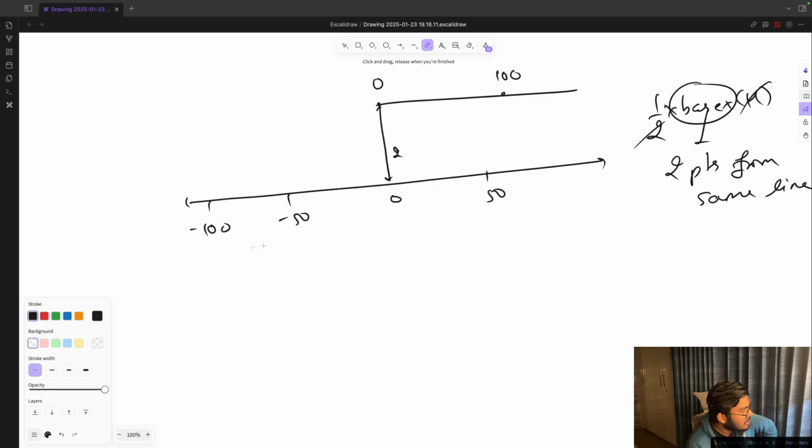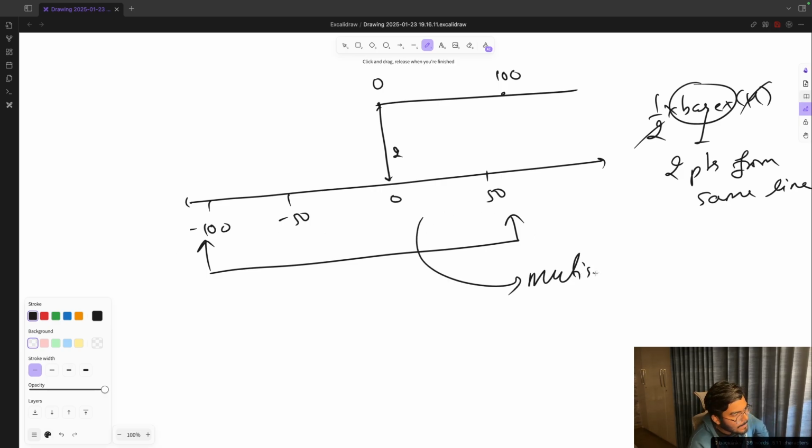So it makes sense to always choose the farthest points, because that will give me the maximum base. So yeah, I can choose 150 and like that. So this is quite easy. You can put these values in a multiset, right, to always get the farthest pair of points, right?